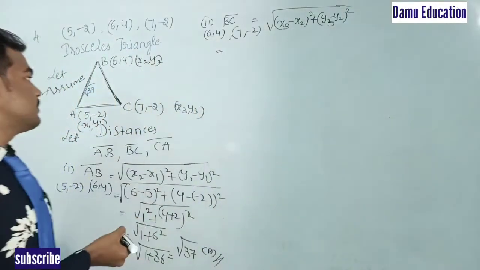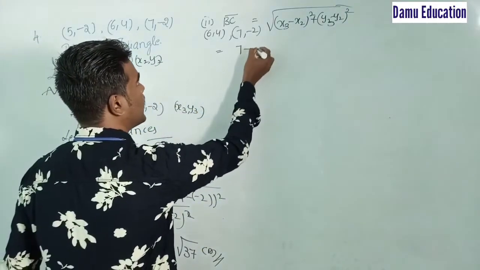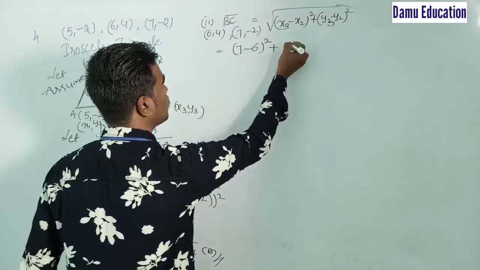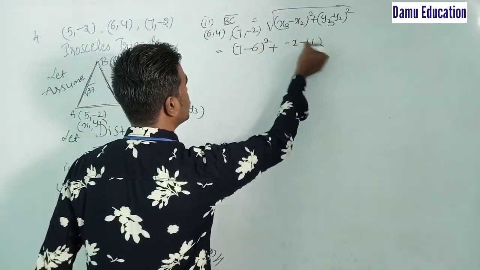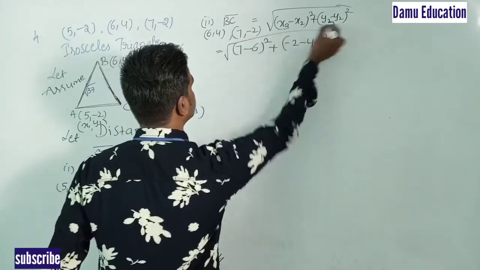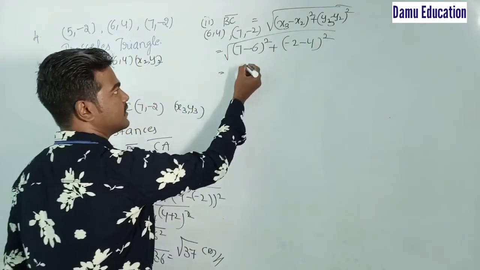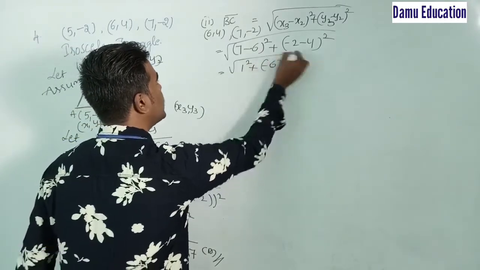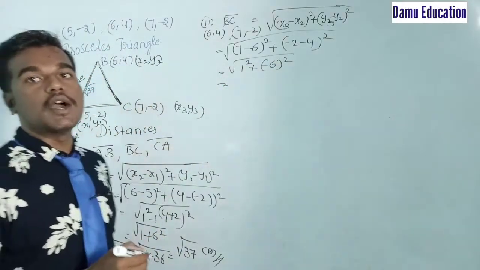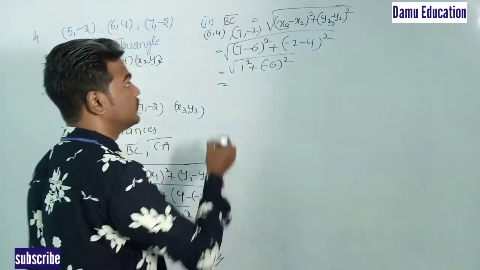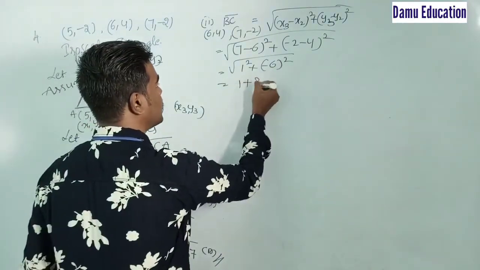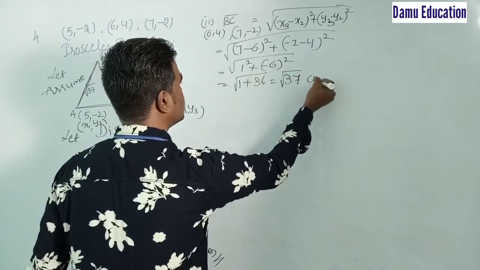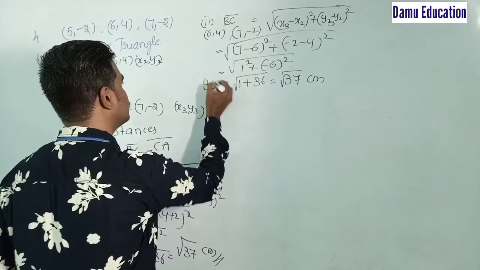So x3 is 7 and x2 is 6. So (7 minus 6) whole square plus (y3 is minus 2, minus 4) whole square, under the square root. So 7 minus 6 is 1 square plus (minus 2 minus 4, that is minus 6) whole square, which is 1 plus 36, and we get root 37 centimeters. This is BC.